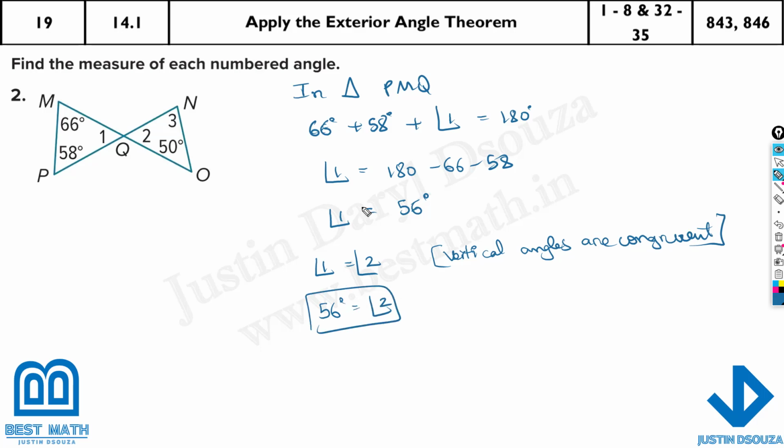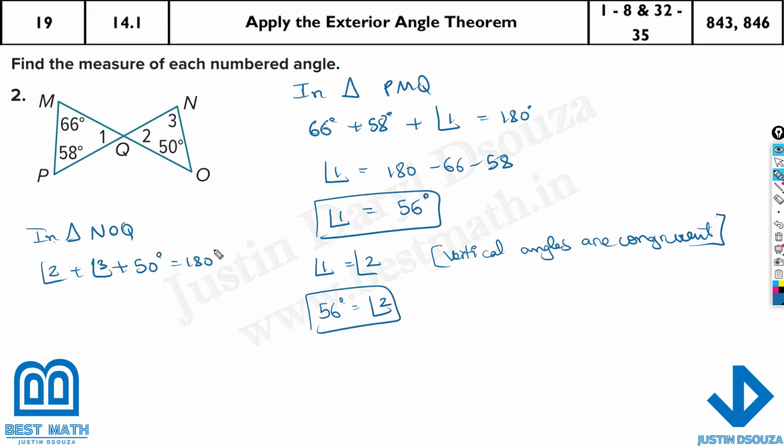Now we found measure of angle 1. Now what do we need? Measure of angle 3. Now I'll just write it over here. In triangle NOQ, we have 2 plus 3 plus 50 degrees, and that will be equal to 180 degrees. Now I can substitute the value of 2.